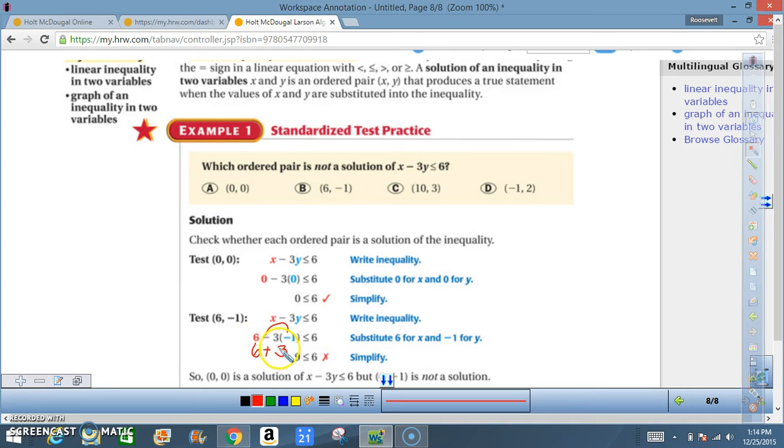So 6 plus 3 is 9. I end up with 9 is less than or equal to 6. This is not true. So 0, 0 is a solution of x minus 3y is less than or equal to 6, but 6 and negative 1 is not a solution.